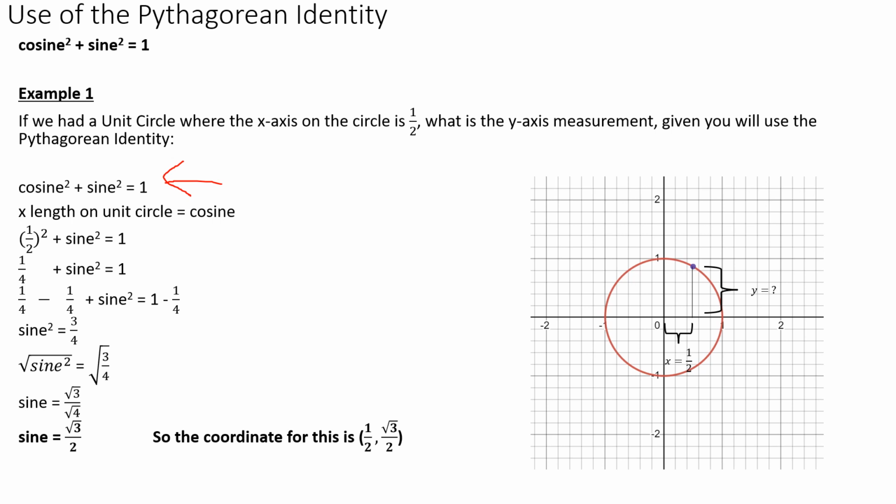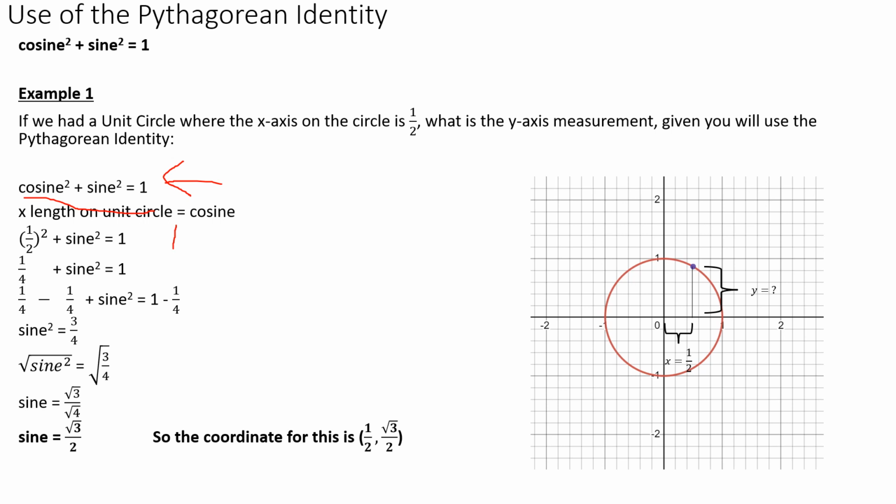If I know the distance from the center of this circle to this point is one half, halfway to the unit circle of 1, I can figure out what the y distance is here, which is the same as the sine. Remember, cosine squared plus sine squared equals 1.